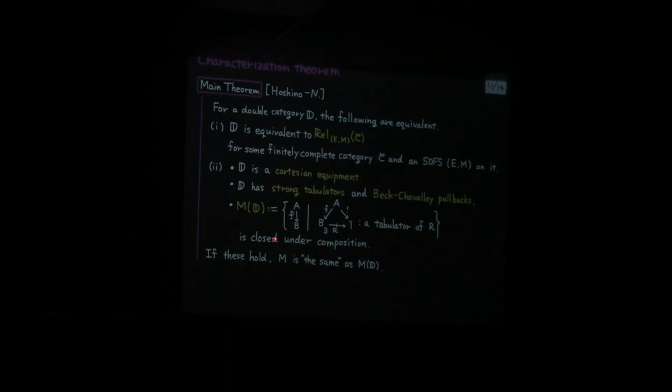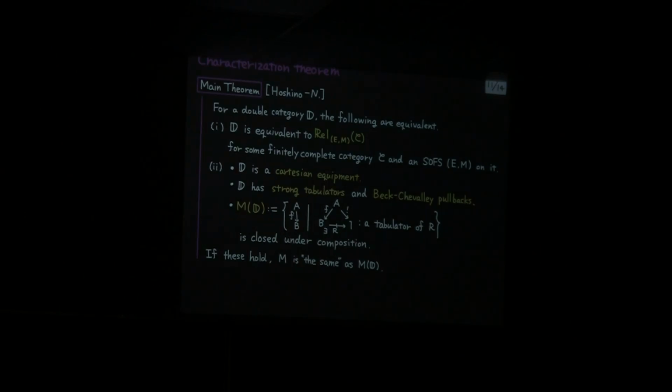And this class is closed under composition. And if the second statement holds, then the factorization system can be recovered from this, because we can take the right class as this class of vertical arrows. So we achieved the second goal that I mentioned earlier.